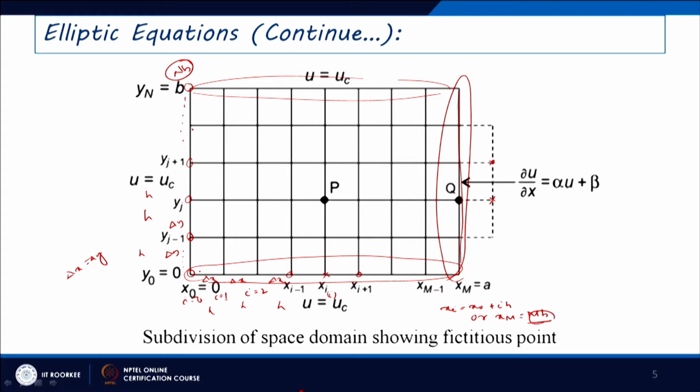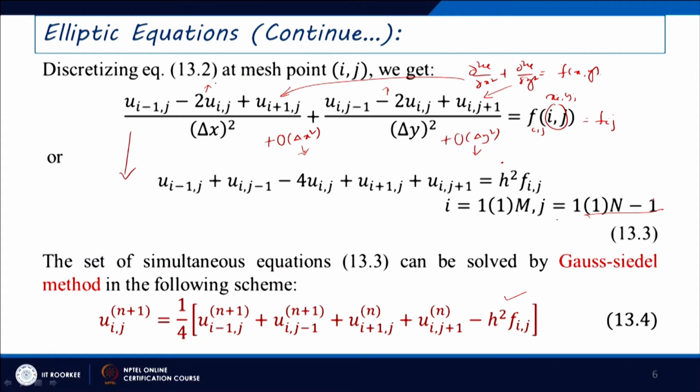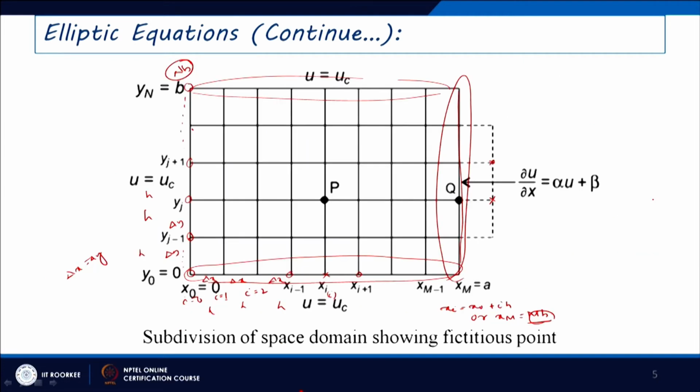So the computed value for j will vary from 1 to n minus 1. For i, the value will vary from 1 to m, since we are using a derivative boundary condition at the last boundary, so this last boundary value is not known to us.